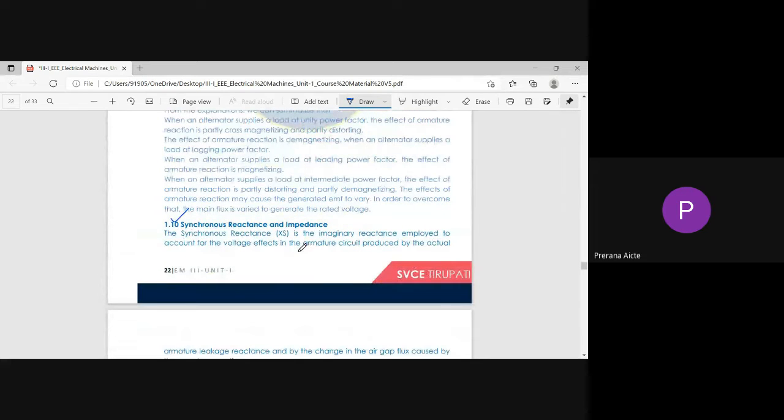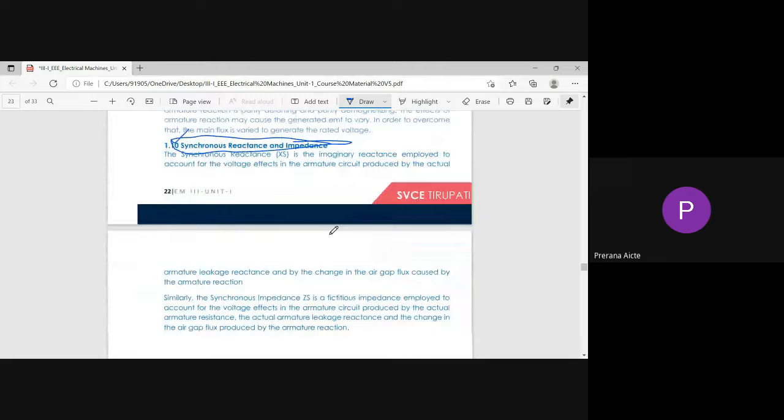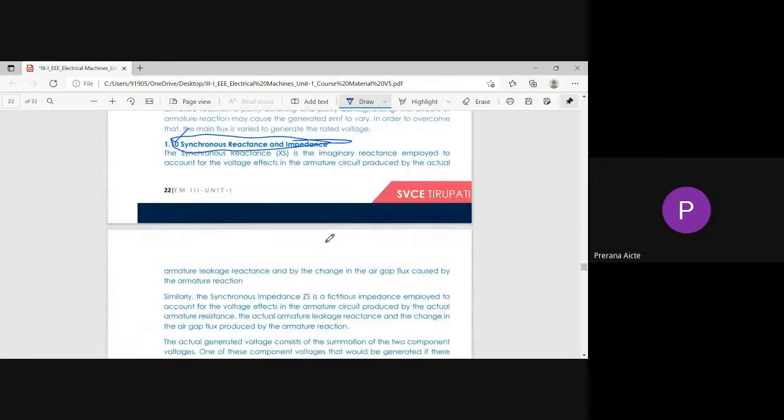Next, coming to synchronous reactance. So, what is meant by synchronous reactance? Generally, here there is armature reactance XA and leakage reactance XL. This combination, armature reactance XA plus leakage reactance XL, we can say is the synchronous reactance XS in a synchronous generator.